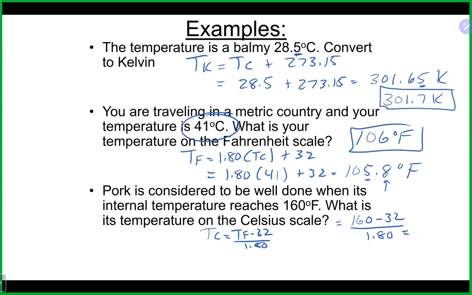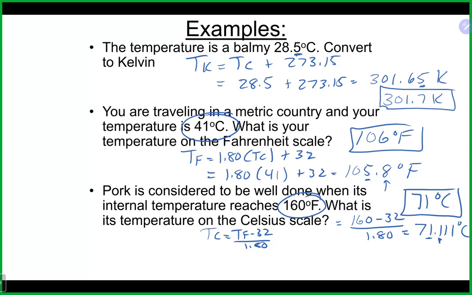Looks like 71.111, a bunch of them, degrees Celsius. Once again, looking at our original number in this case, it is a whole number. So we will go here. That is a 1, which means we just drop the rest of them, and we would end up with 71 degrees Celsius. Any questions on those temperature conversions?